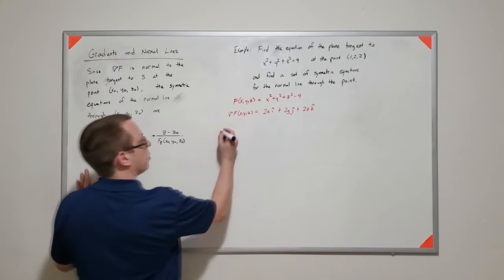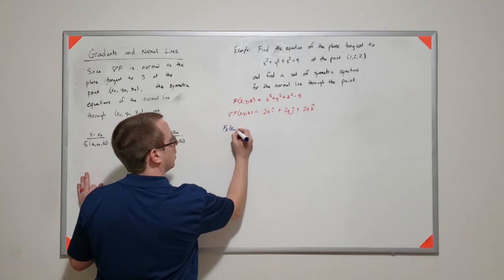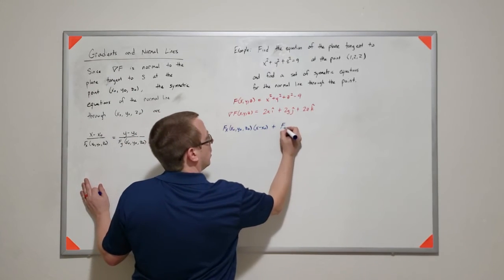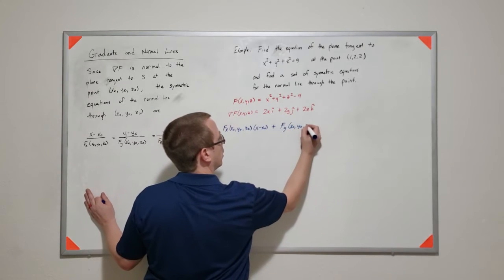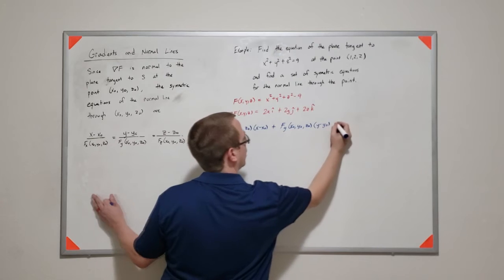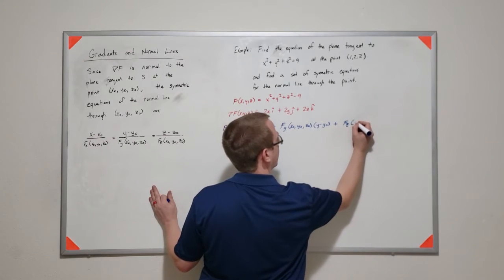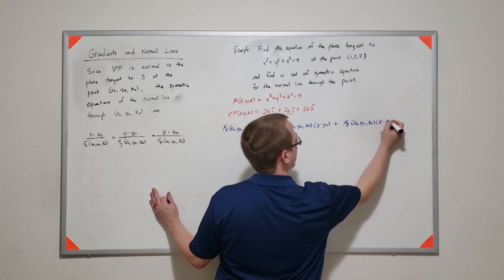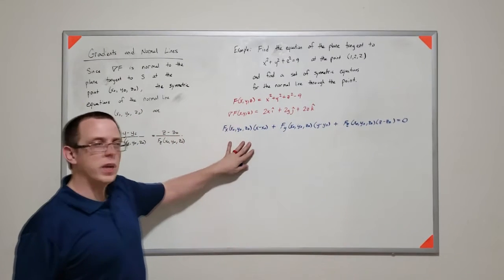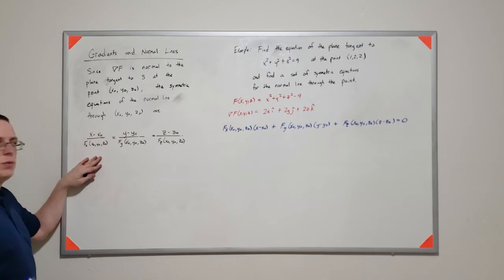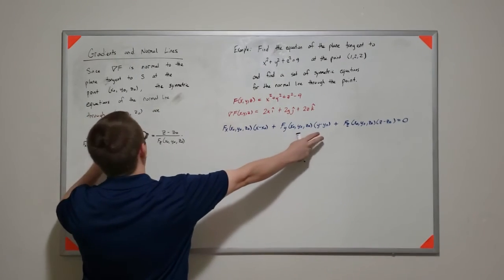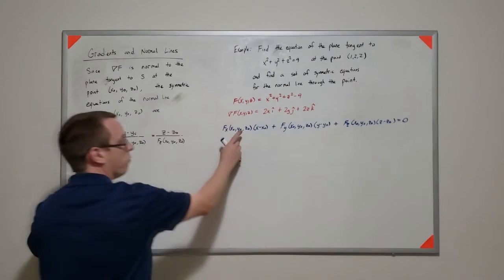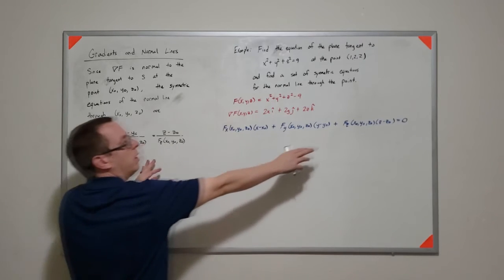Remember that the equation of the tangent plane is... If you look at this equation, what you find is you have x minus x0, y minus y0, and z minus z0, and you have partial with respect to x, partial with respect to y, partial with respect to z.